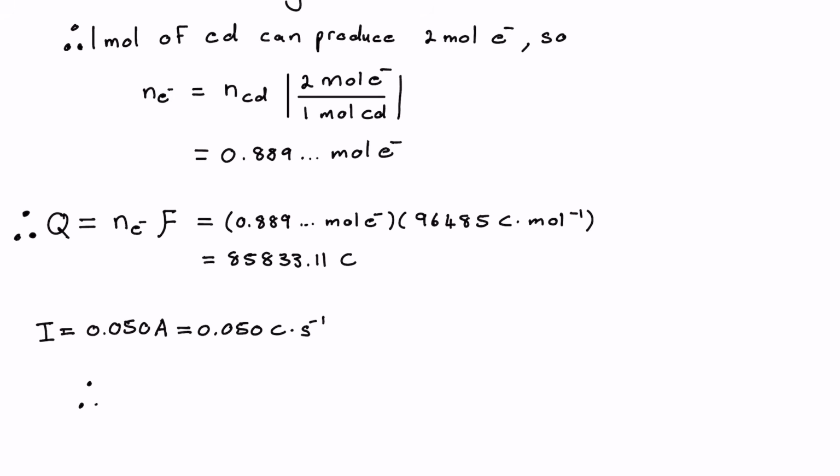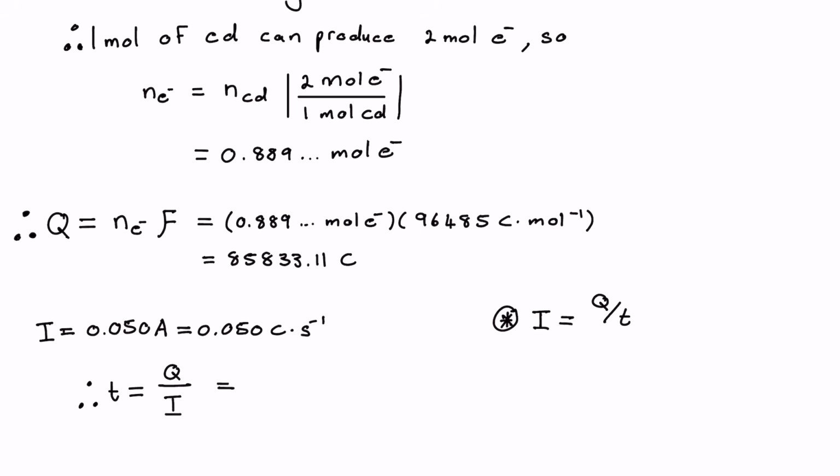So we can calculate the time from this. The relationship between current, time, and charge, if you want to make a big note for yourself, is that current is equal to the amount of charge divided by time. So time is equal to charge divided by current.